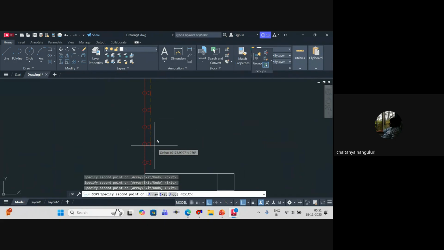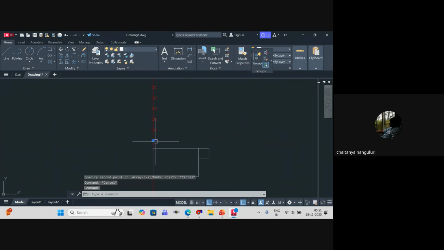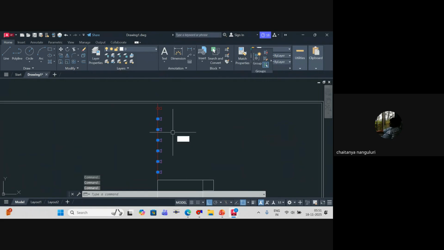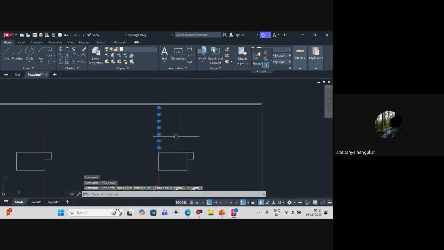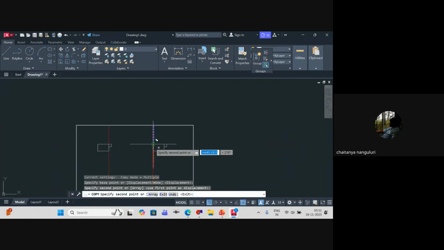Understand that. So we're placing it here. Here it is lesser than 2 meters, so that's fine. Again, I'll place it here, to this wall.